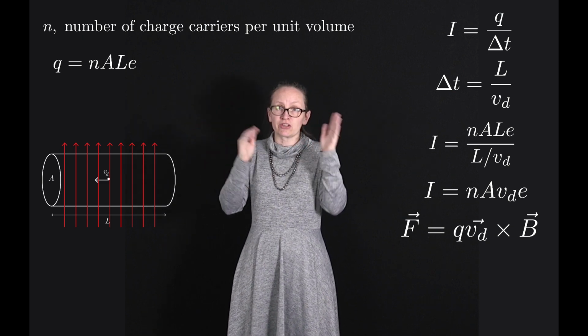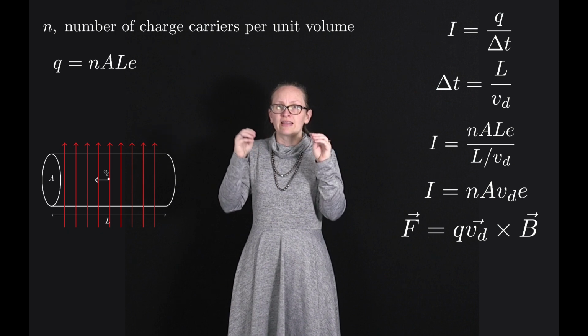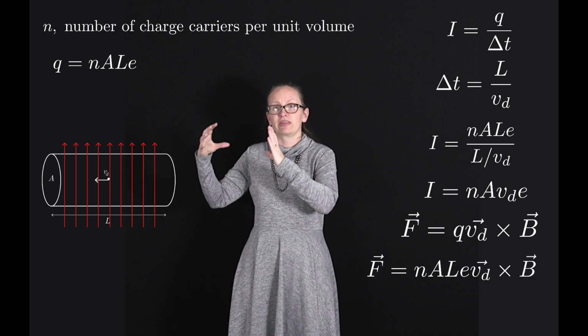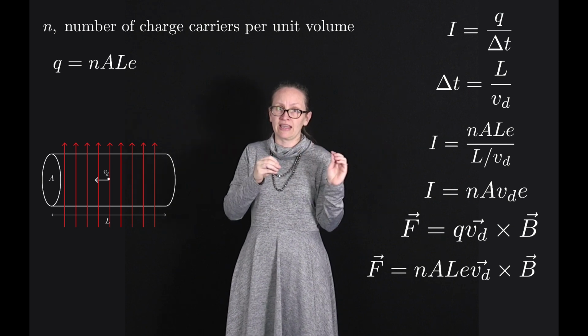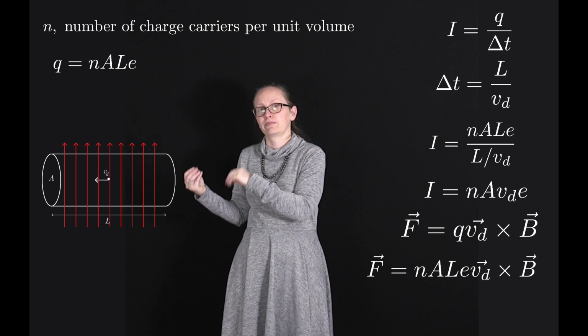And we've got an expression for Q. Q is equal to nALe, so we can substitute that in, and then we've still got the Vd cross B. Now, Vd is in the direction that the charge carriers were moving.